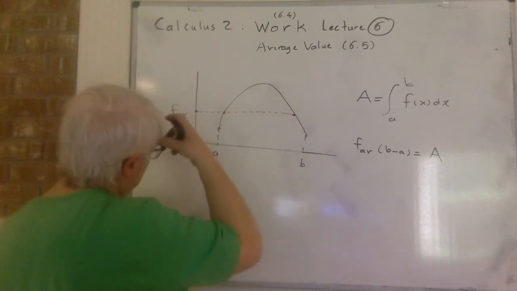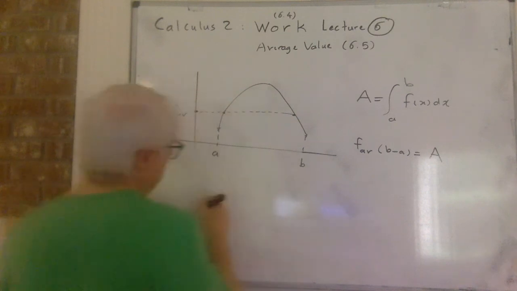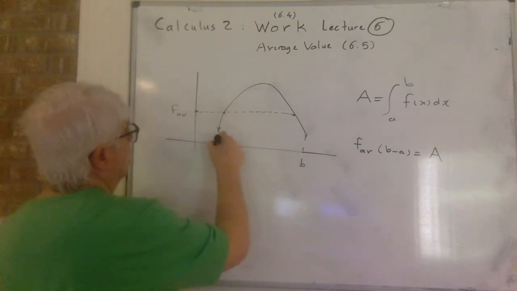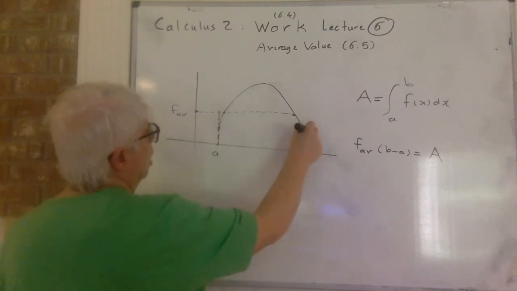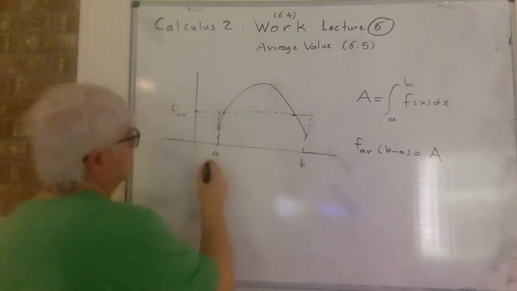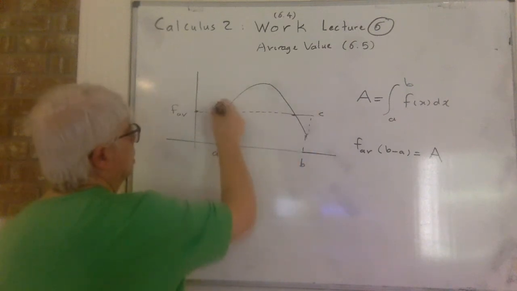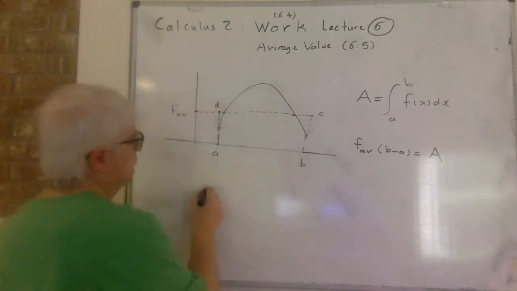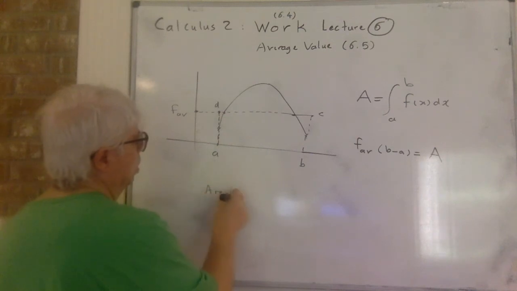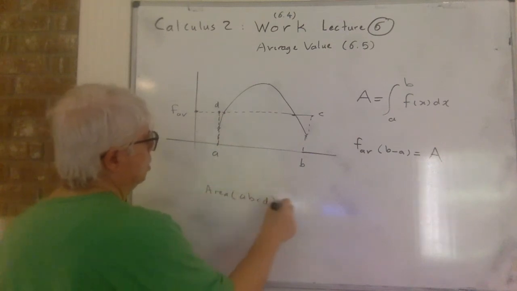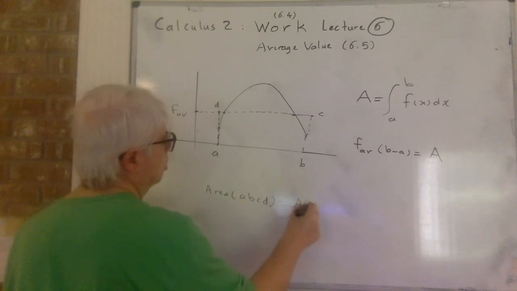And what I'm saying is that this area, A, B, say C, D, for example, the area of ABCD equals the area under the curve.